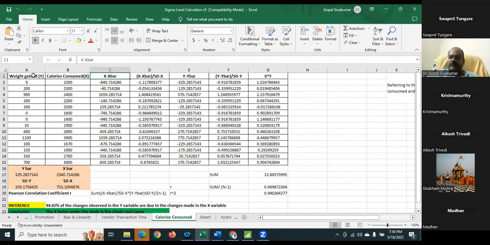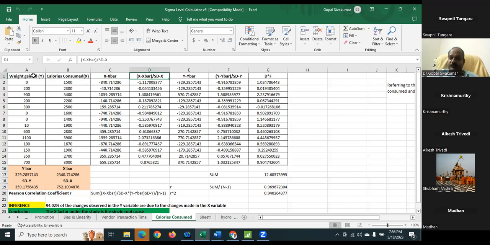Now, X minus X bar. You know what is X minus X bar? Deviation from the mean value. Deviation from the mean value divided by standard deviation of the X variable.